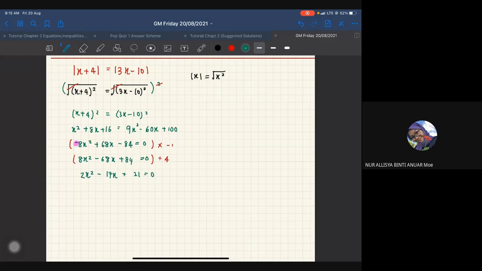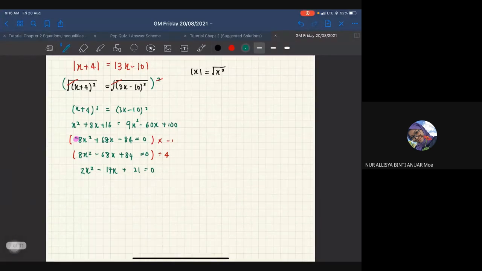So you get x equal to 3 over 2, which is 2x minus 3. Another one is 17 over 4, so you will have 4x minus 17 equal to 0.